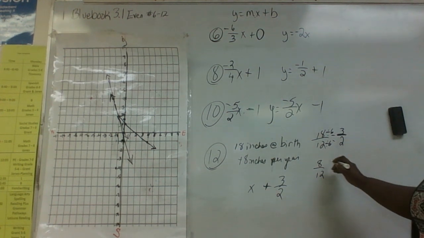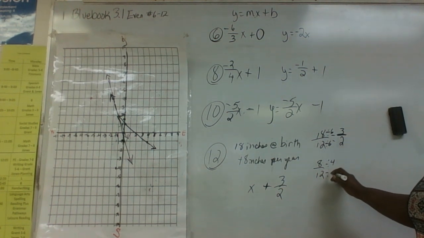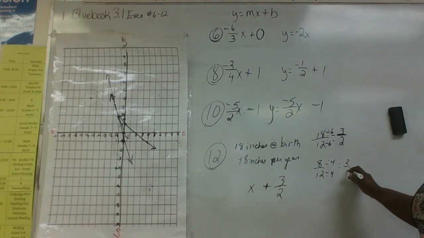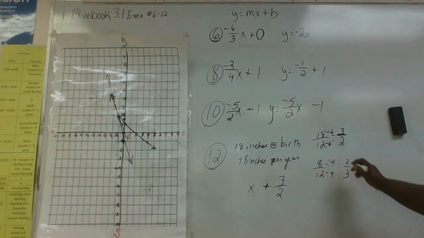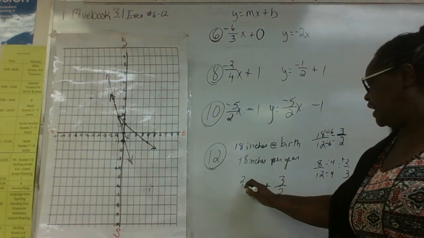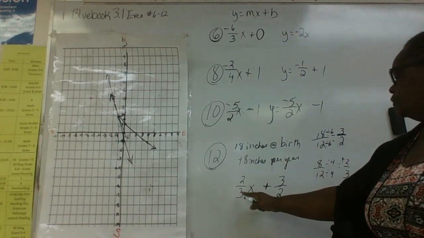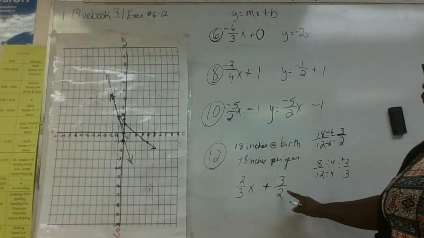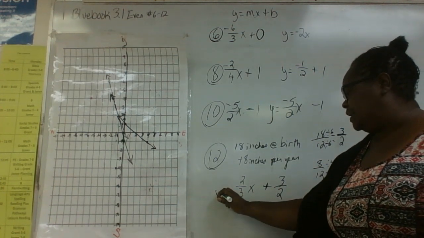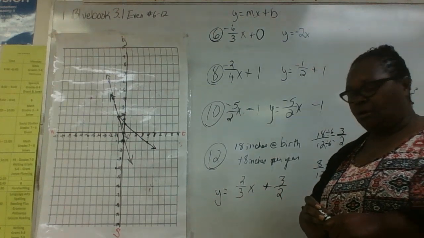Let's simplify that by 4. We get 2/3. So it's plus 2/3x, and that is our slope. That's how it changes from year to year. And this is where it started. And that is our equation.